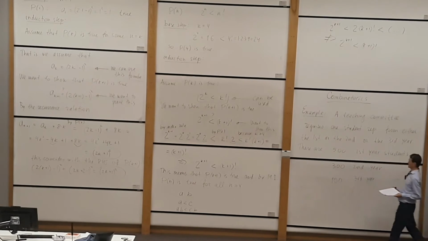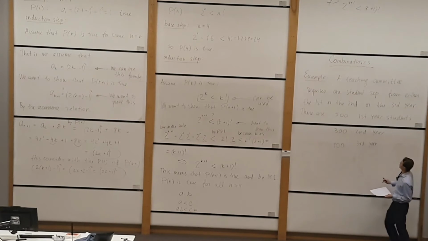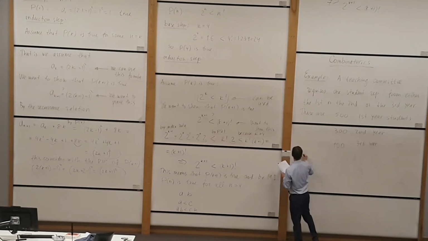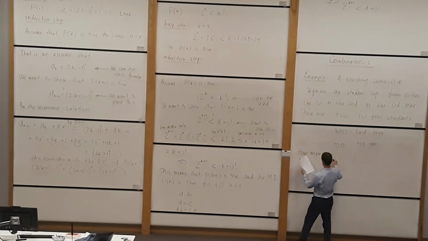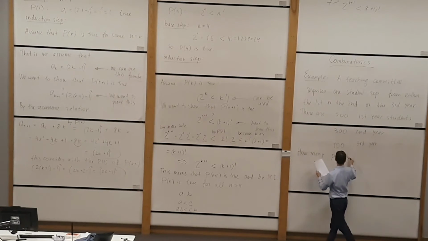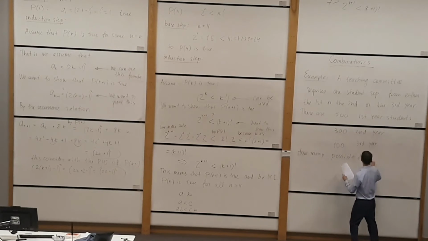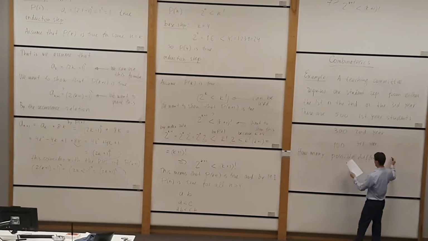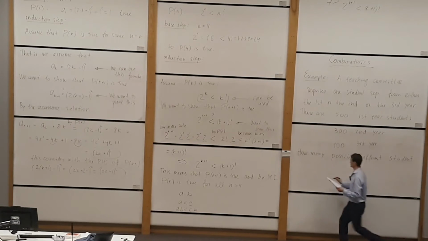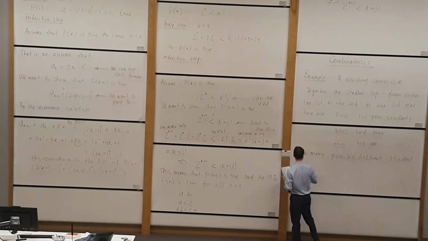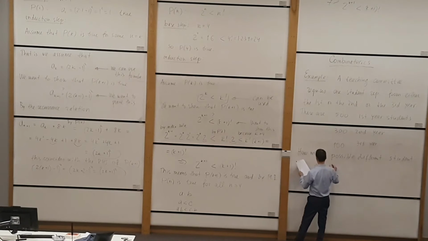Only the toughest survive. So, how many possible different student representatives are there?